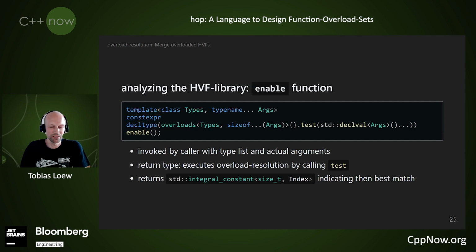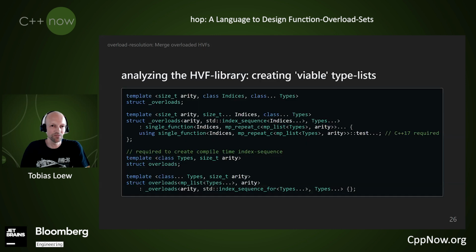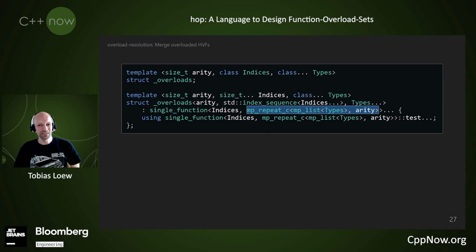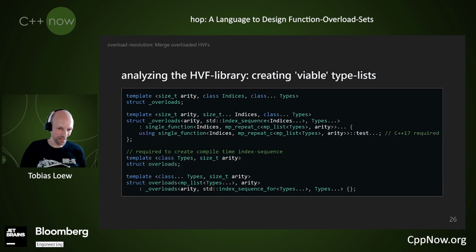Okay, let's go to the second part of the library, where we create the viable types. This will also be broken down in the next slide. Okay, here, let's look at it. We have this type overloads on the bottom without an underline before it.